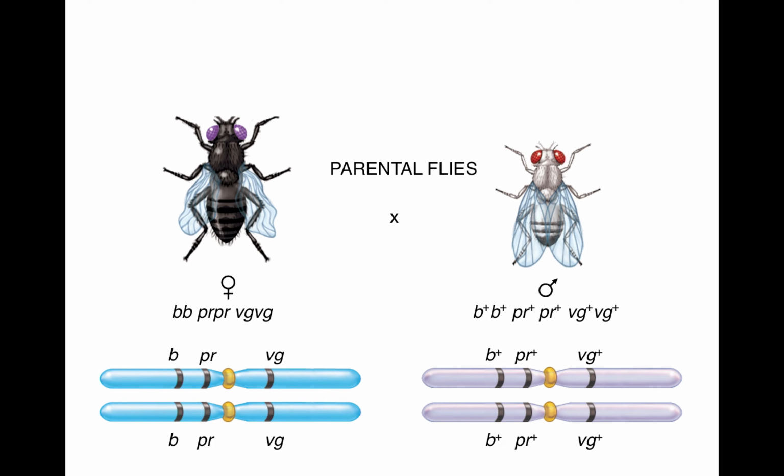So what do we start with? We start out with a female that is black-bodied, purple-eyed, and has vestigial wings. And we mate her to a wild-type male.